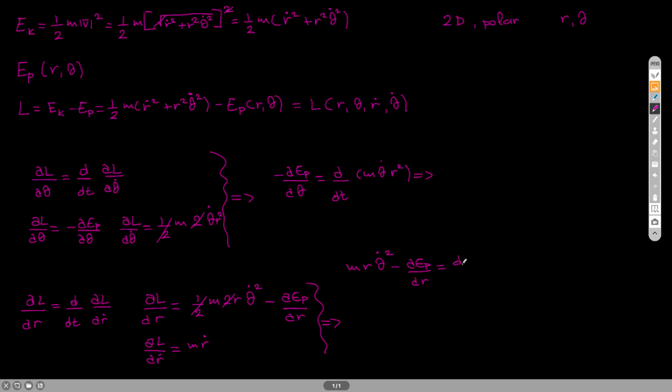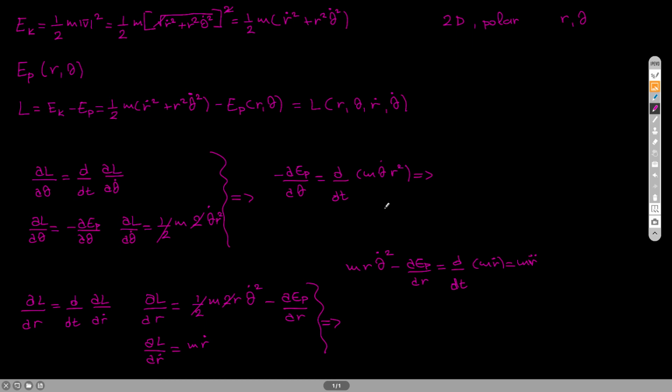And this is equal to d over dt of m r dot, and this will give me m r double dot. I'm going to stop here with this equation as well.